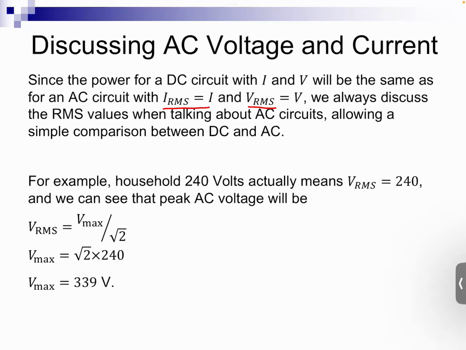If you want the maximum voltage coming out of the mains, you still need to calculate that using the relationship between RMS and the maximum value. It's in fact 339 volts for a 240 volts RMS source. Okay, so that's RMS values.